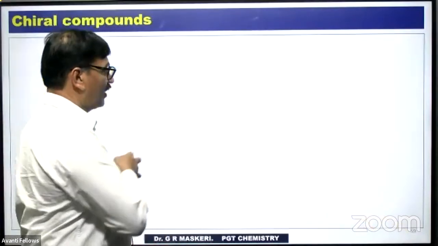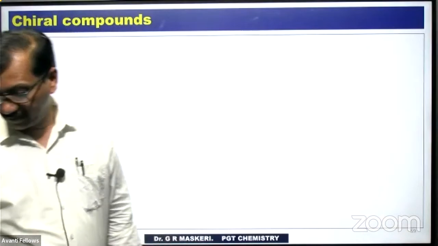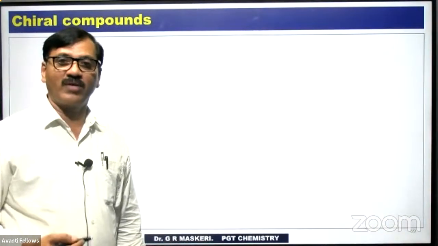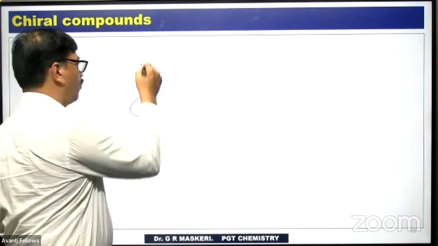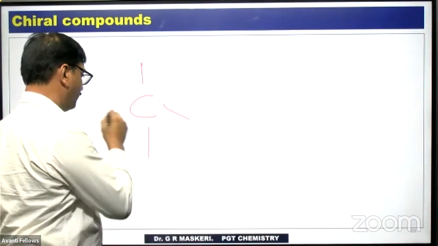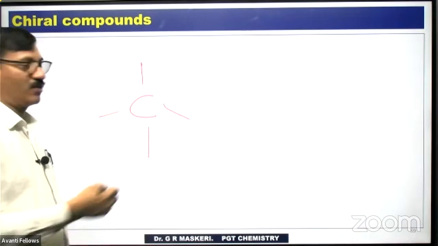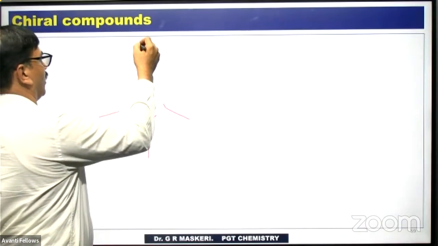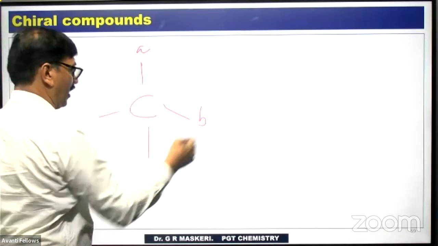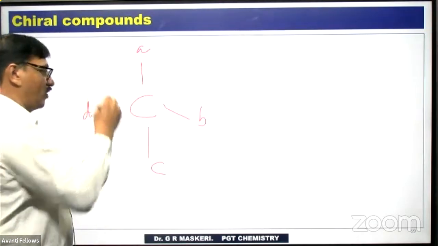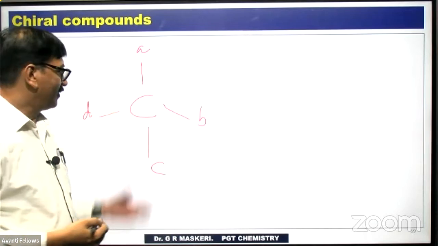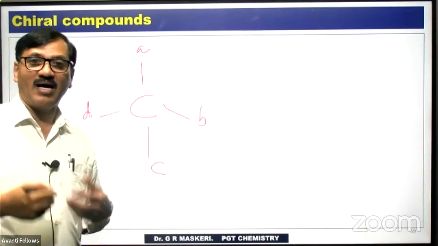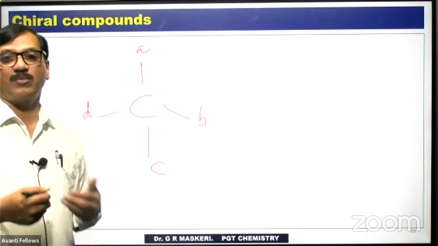Now, in chemistry, how can we identify them in carbon compounds? If carbon has four different constituents, say A, B, C, D, all different, then this carbon atom is said to be asymmetric, not symmetrical.